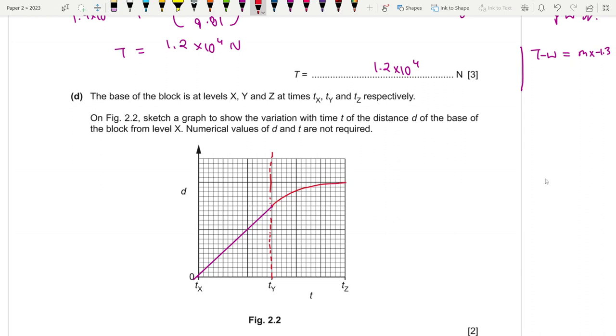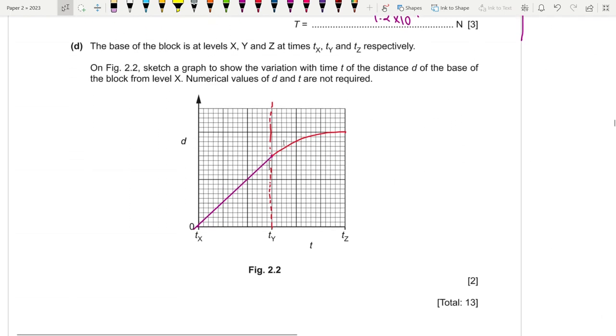Here you go. So hard to draw graphs like this. Okay, so this is how you score 2 marks. Straight line section here with positive gradient, followed by curve with decreasing gradient until it becomes horizontal or flat.